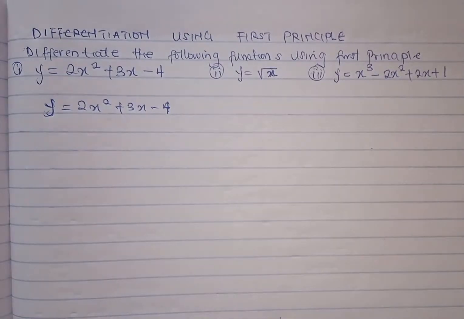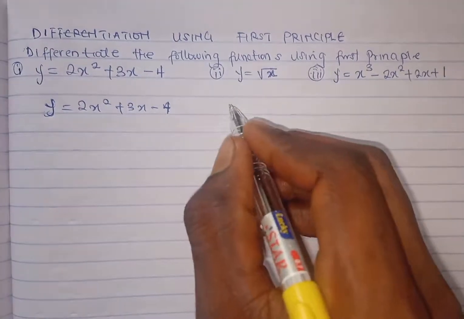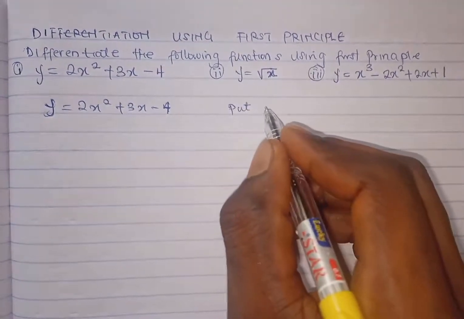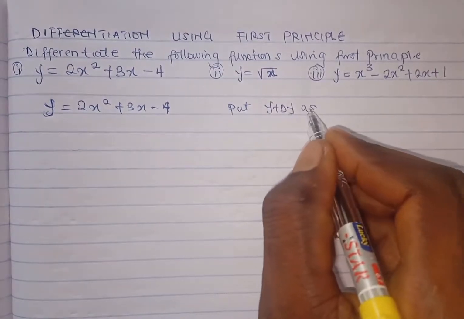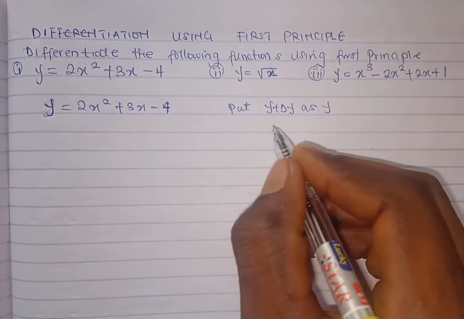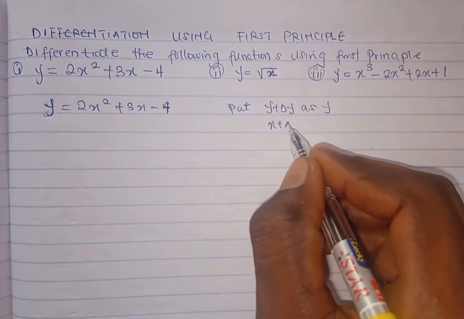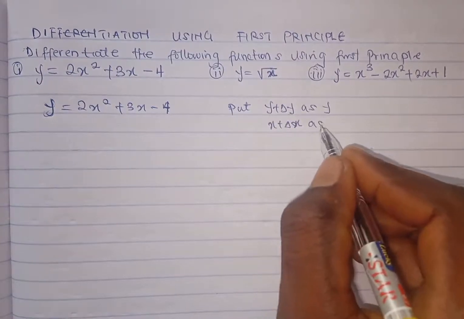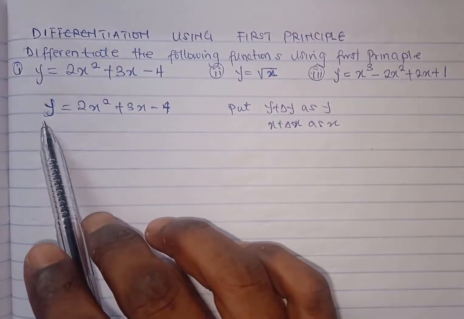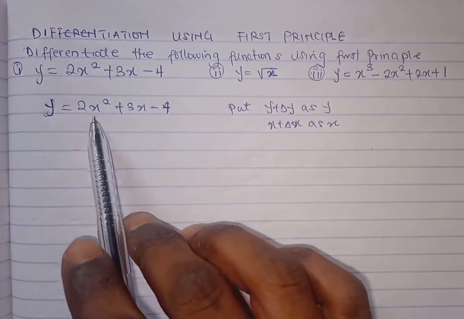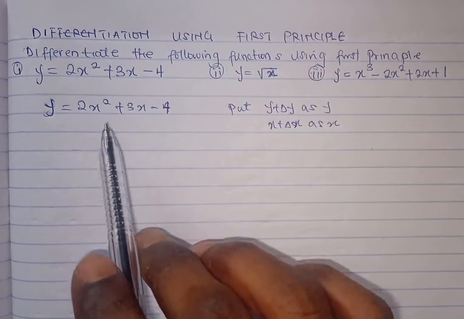What you are going to do is put y plus change in y as y, and x plus change in x as x, which means that anywhere you see y, you put y plus change in y, and anywhere you see x, you put x plus change in x.